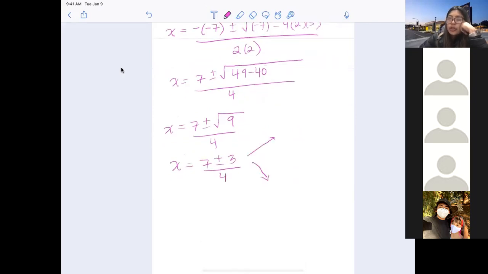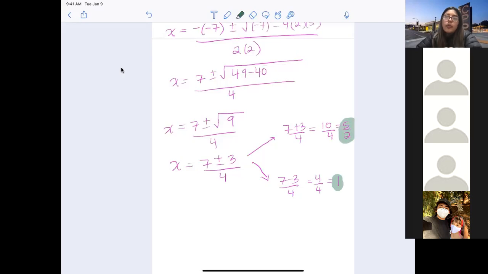This means you have two answers, 7 plus 3 over 4 and 7 minus 3 over 4. You clean it up, you get 10/4 over here, which is 5/2. Here you get 4 over 4, which is 1. You always want to simplify your answers.